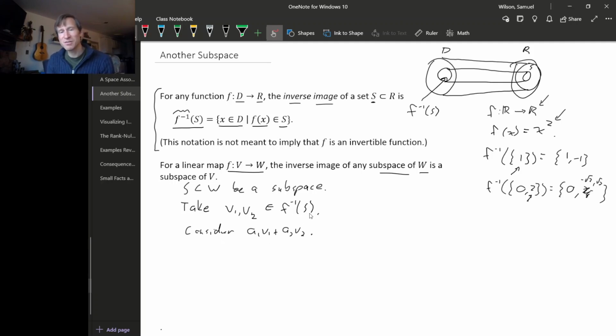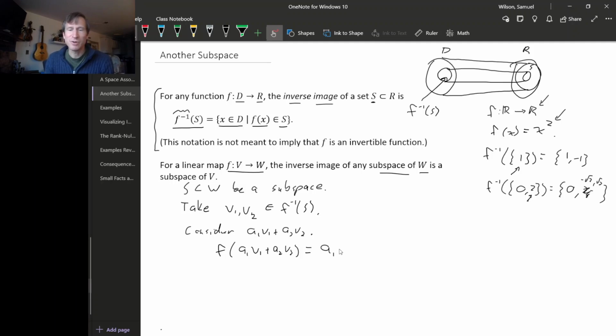Well, how do you check if something is in the inverse image? It's in the inverse image if, when you hit it with f, you end up in S. So let's see what f of a1 v1 plus a2 v2 is. Well, f is a linear map, so we can use the fact that it preserves structure.